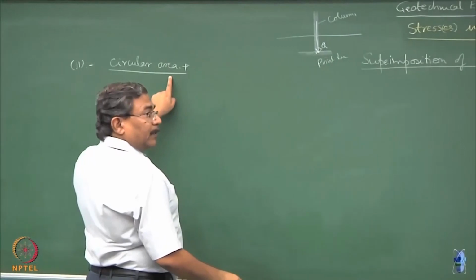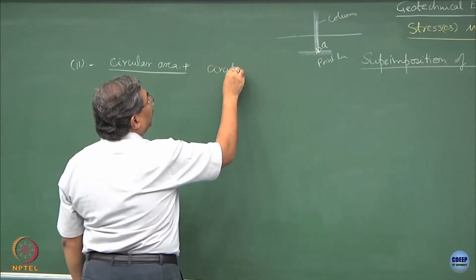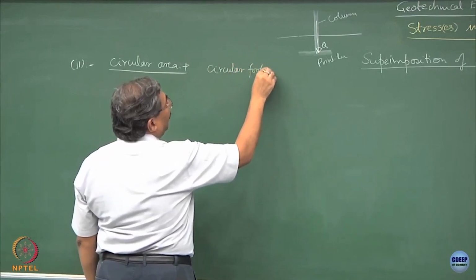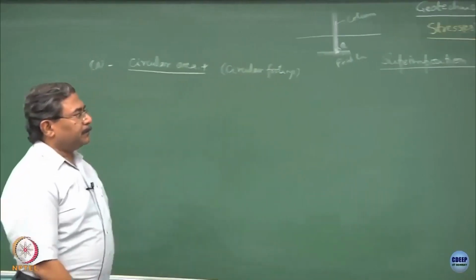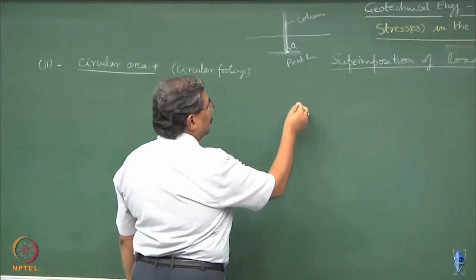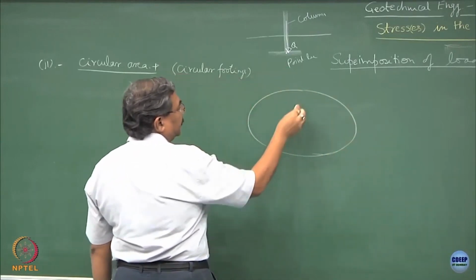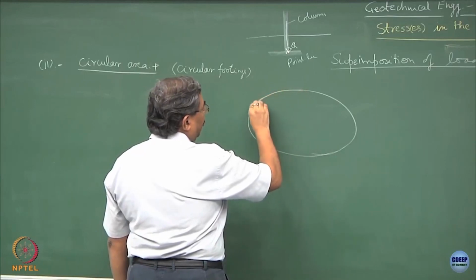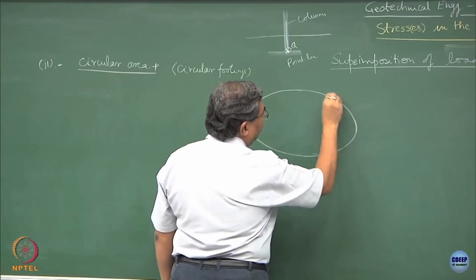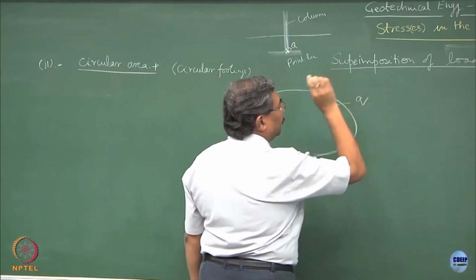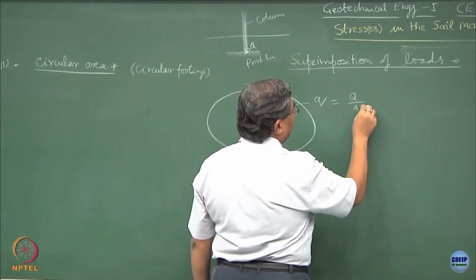Now, when I come to circular area, circular footings are a good example. I might be having a situation like this. This is the area which is carrying a uniformly distributed load of q, where q is equal to capital Q upon area of cross section.